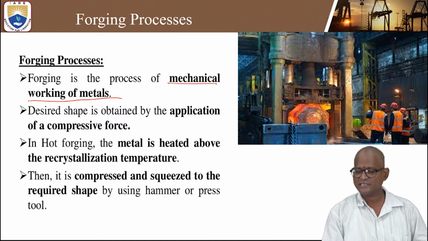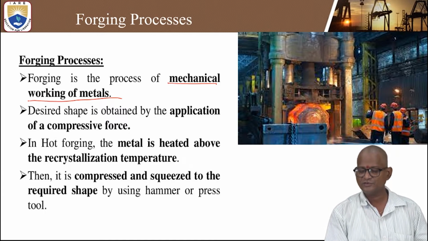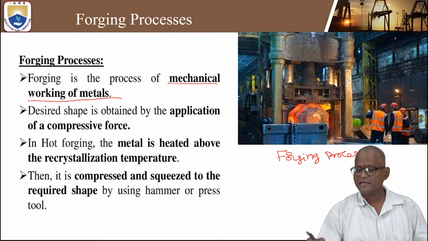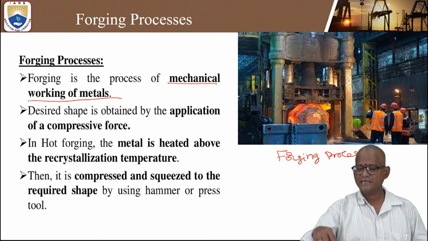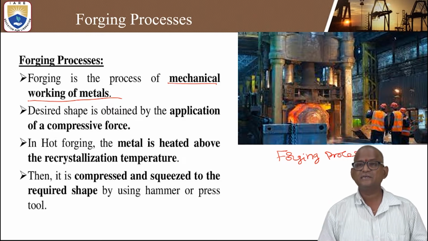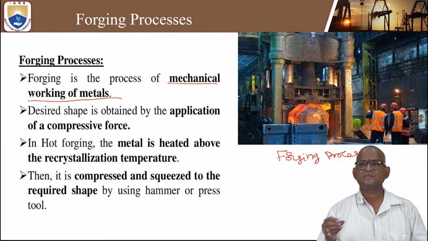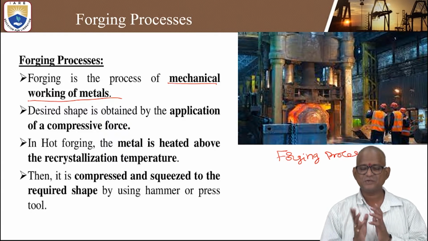For example, on the right side, you can see a three-dimensional view of the forging process. There will be a high tonnage press. In between, the workpiece is kept, and we apply the open die. A lot of pressure, a compressive force, is applied in the press so that the required or desired shape is obtained.